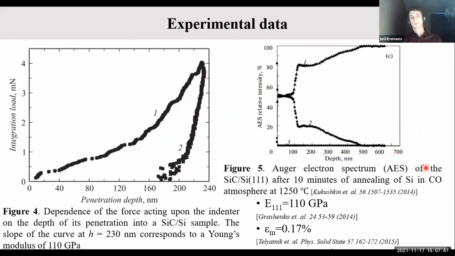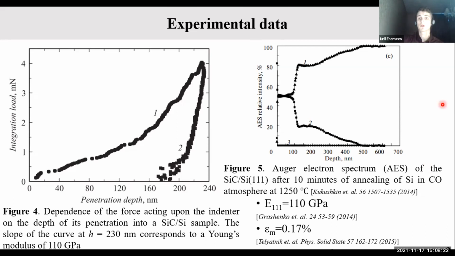What do we know about the porous structure under the SiC film? Figure 4 presents a typical plot of the loading-unloading curve acting upon the indenter versus the depth of penetration. From there, we know that the Young modulus of the porous layer is about 110 gigapascals. At the right picture, you see Auger electron spectroscopy of the SiC/Si substrate.